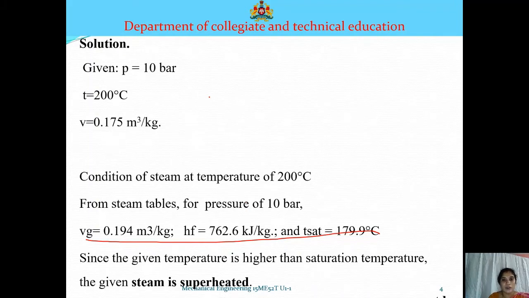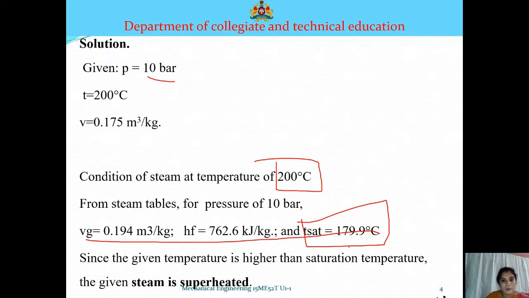So how can I conclude that? Let us compare the saturation temperature with the given temperature. 200 degrees Celsius is the given temperature of the steam, and for this particular condition, that is for 10 bar pressure, the saturation temperature is 179.9 degrees Celsius.